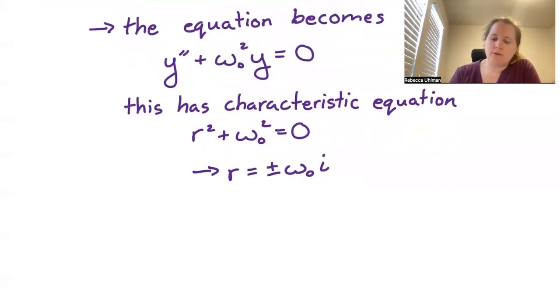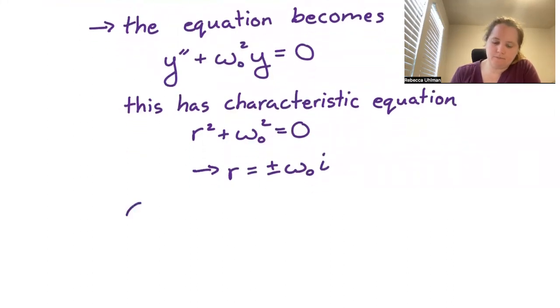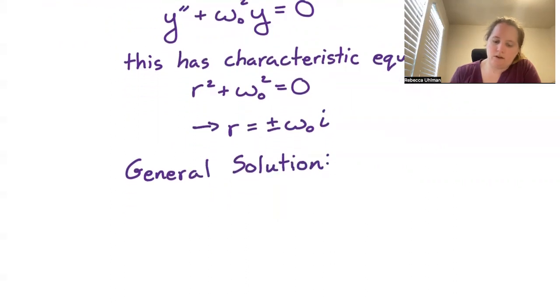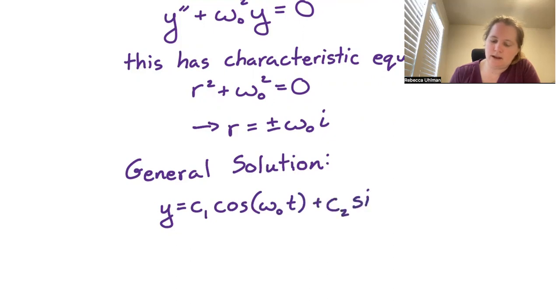So we get general solution: y is equal to C1 times cosine of omega naught t plus C2 times sine of omega naught t.